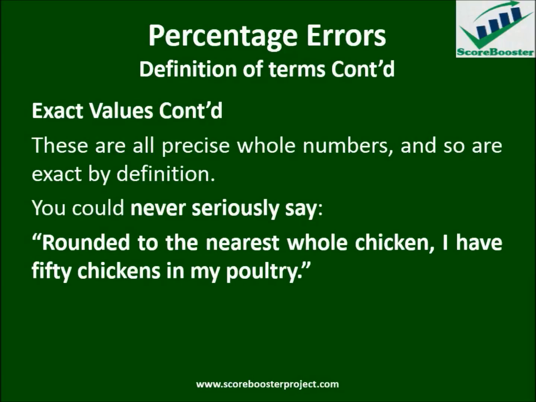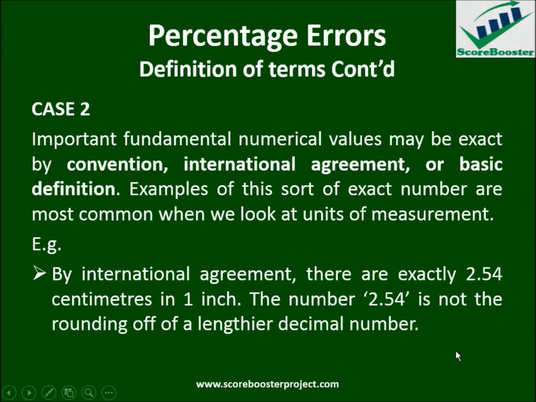So saying, rounding to the nearest whole chicken, I have 50 chickens in my poultry, is a wrong statement because the number of chickens in the poultry is an exact value and it's not arrived at by approximating or rounding to the nearest whole number. So it is always exact by definition.